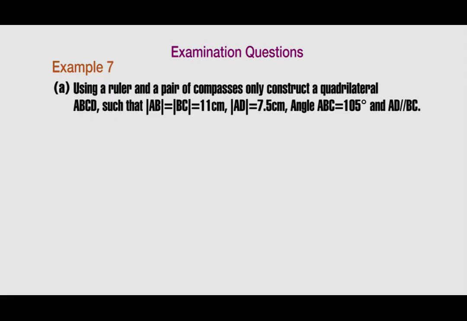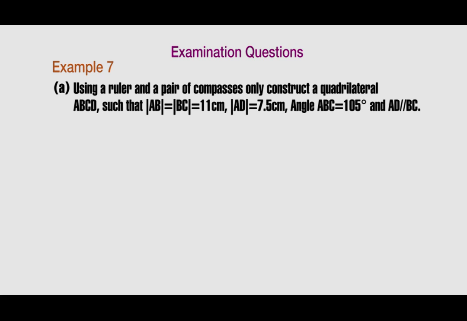Now let us apply our knowledge on loci to solving examination questions. Let's take the first one. In fact, if you have come this far, it means you can solve any examination question. So this is example 7.